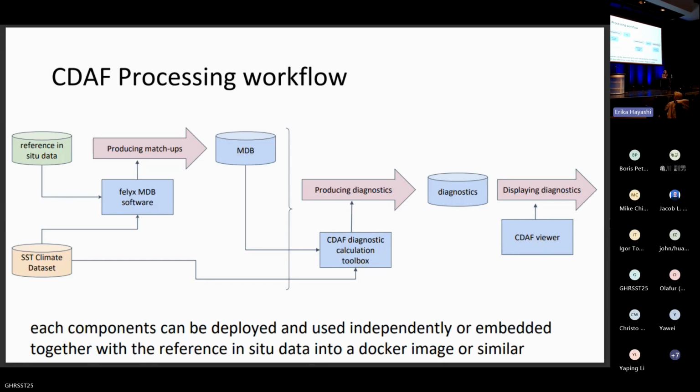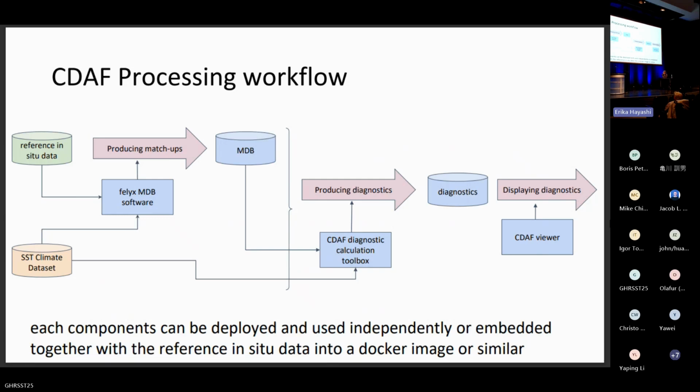And so the workflow itself, and this is something that we have discussed this year. So this is where we've made some progress, in that we have discussed some more aspects of the workflow. You can see that this is using Felix, so we will be leveraging off what Jeff was just talking about. Essentially using the climate data set and the reference data through Felix to produce matchups.